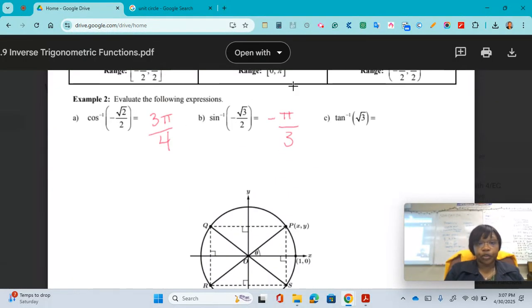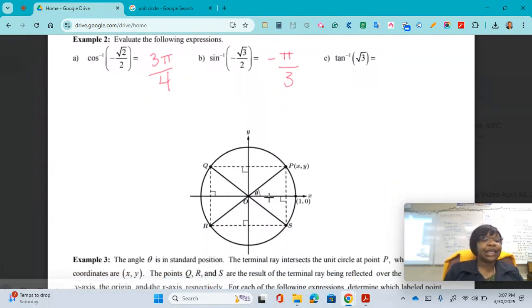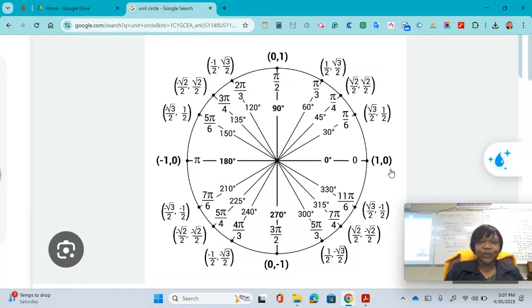It's up here, the restrictions. Now the tangent is restricted to what quadrants? 1 and 4. This is between negative pi over 2 and pi over 2. So if I'm trying to get the inverse tangent of square root of 3, I need to figure out when my y over x equals the square root of 3.